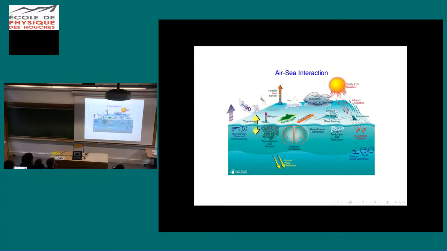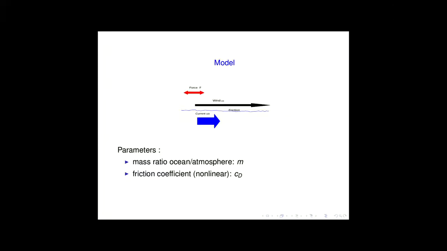If the ocean current and the wind velocity are different, then there's shear and there is some interaction. When both move at the same velocity, there is no shear, but when they have different velocities, then there is a shear. This will be the essence of my talk.